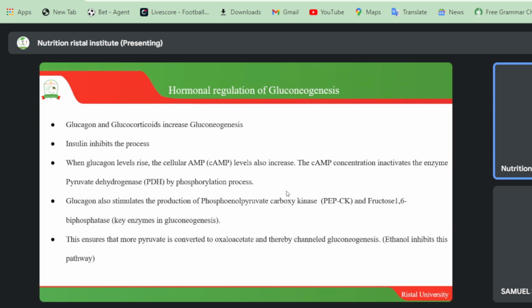So when glucagon levels rise in your body, the cellular AMP, adenosine monophosphate, levels also increase. Adenosine monophosphates are some molecules in your body, and then there's the cAMP, which is the cyclic adenosine monophosphate concentration, that inactivates the enzyme pyruvate dehydrogenase.